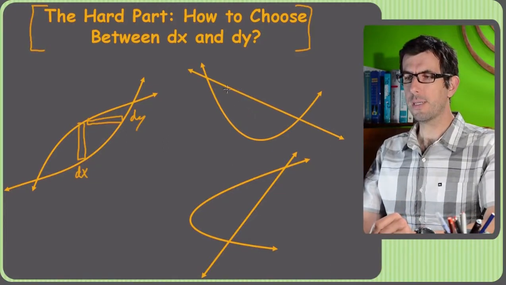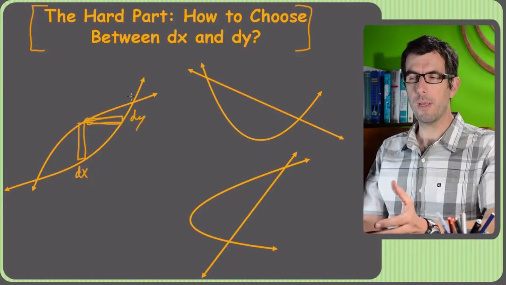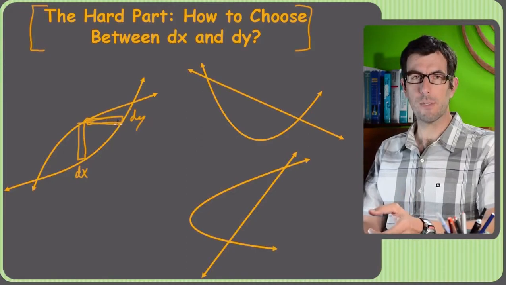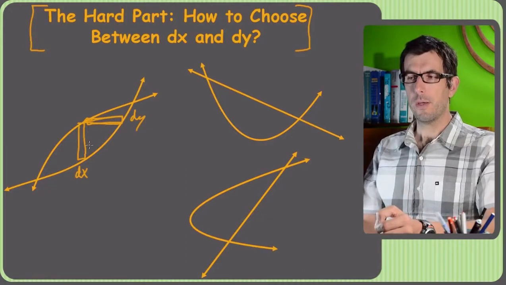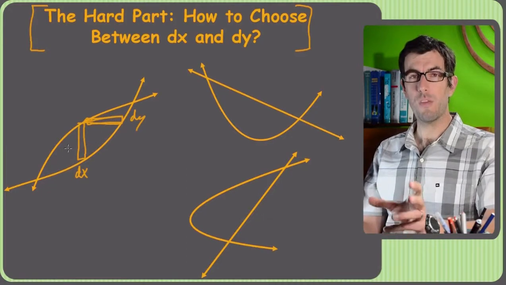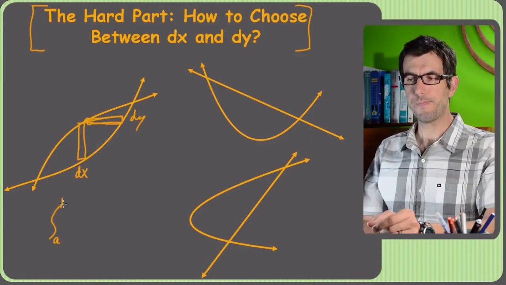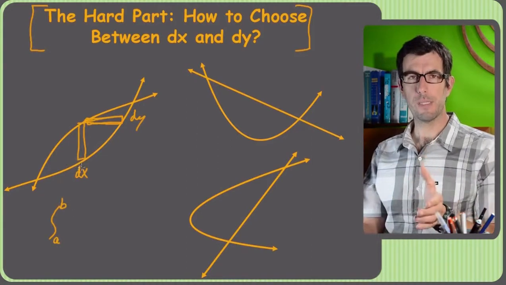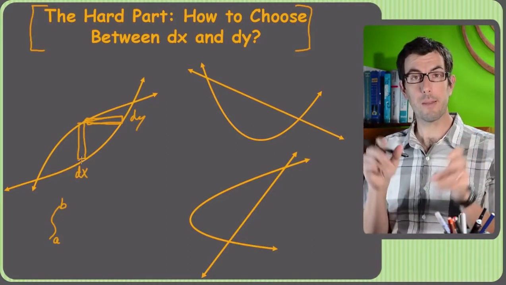If you look at this region on top, so this region on the left, dy or dx will work. Now, I mentioned this quite a bit in the last video, but when you find the area between two curves, or even just when you find area using definite integrals, what you're really doing is a Riemann sum with infinity little rectangles. So the magic of the definite integral from a to b is, you know how we did Riemann sums where you could put 5 rectangles under a curve and ballpark the area?